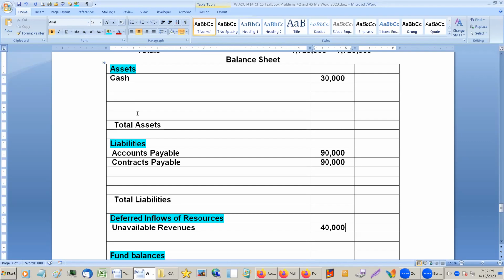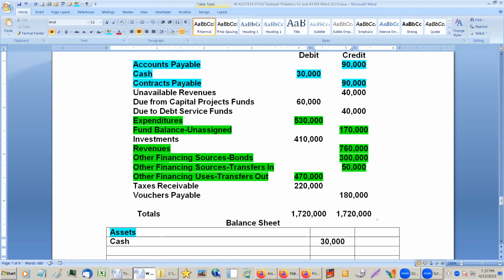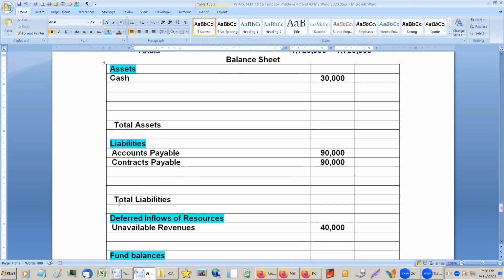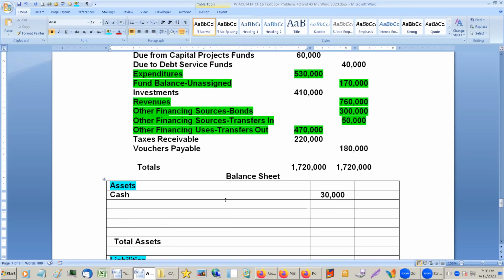It's usually something that just has to be expended for whatever the purpose is. Whatever, this is a new one though. That unavailable revenues is new, and this heading is new. So this is one of those, if they're gonna test you on something, this might be it. Because it's new.